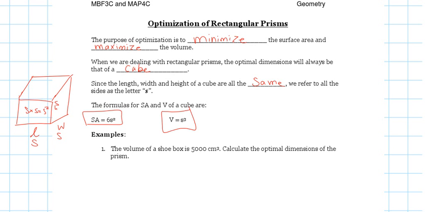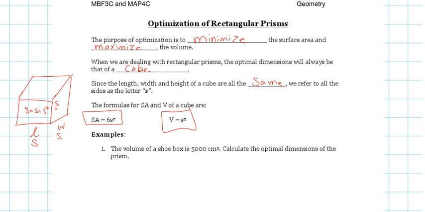All right. So here's a question. The volume of a shoe box is 5,000 centimeters cubed. Calculate the optimal dimensions of the prism. Now, how do I know that I'm solving an optimization question? When I see the word optimal or maximum or minimum. If I see any of these words, then I know that I'm solving an optimization question.